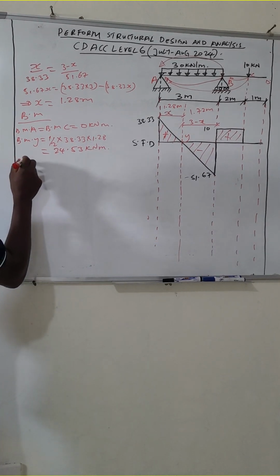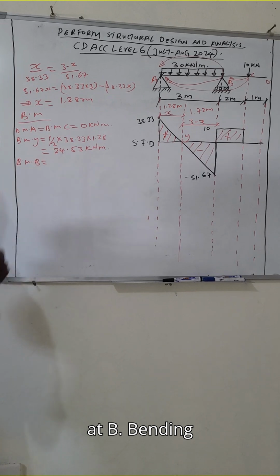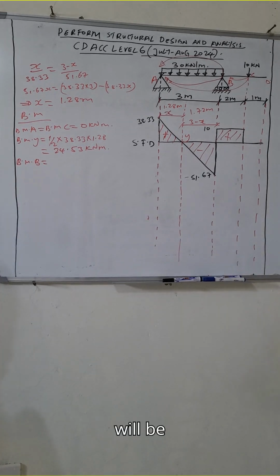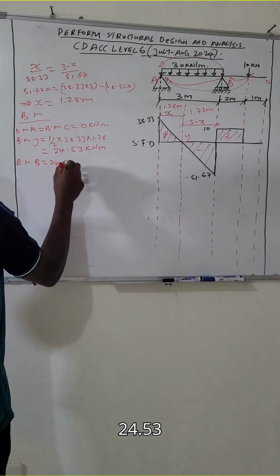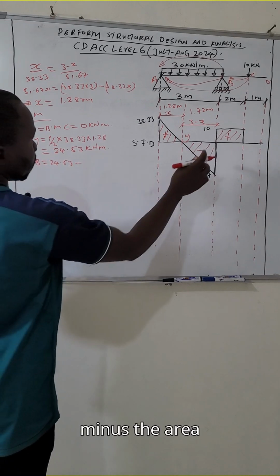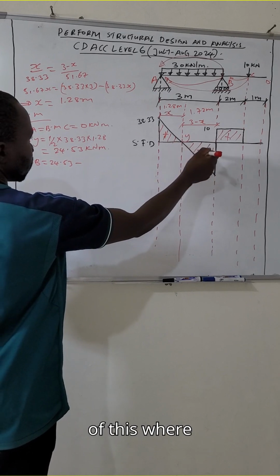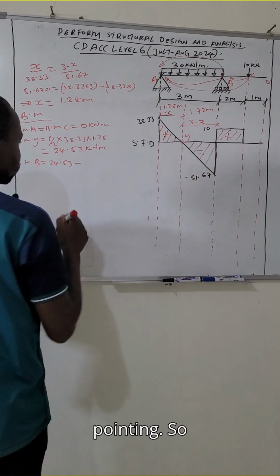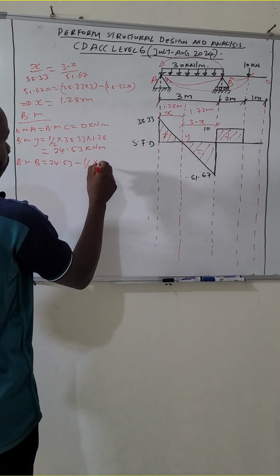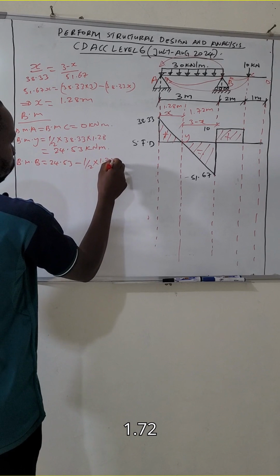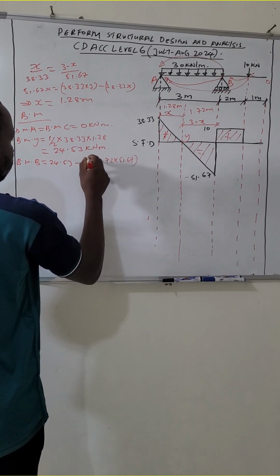Bending moment at B will be bending moment at Y, which is 24.53, minus the area of this shaded part, where my pen is pointing. So it will be a half times 1.72 times 51.67.